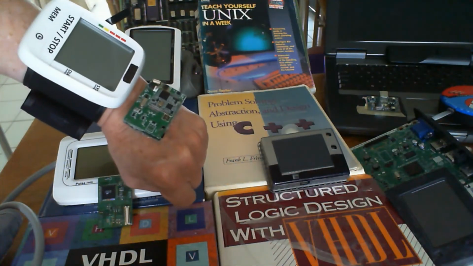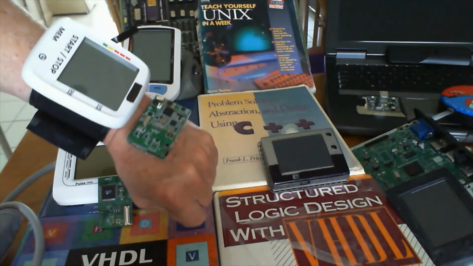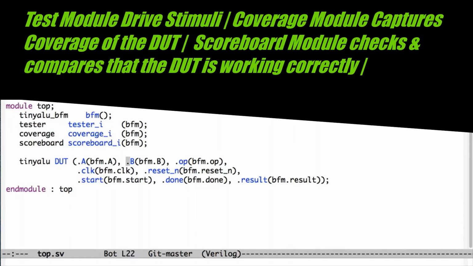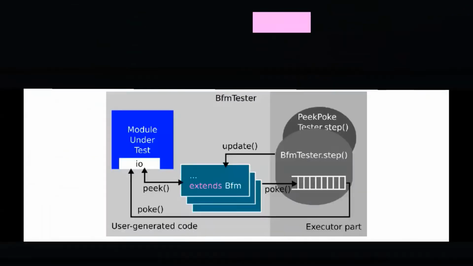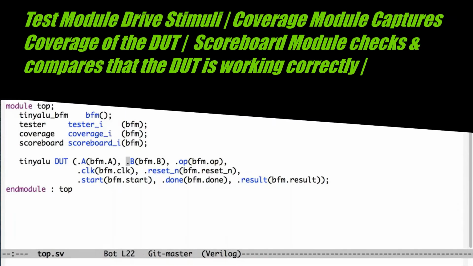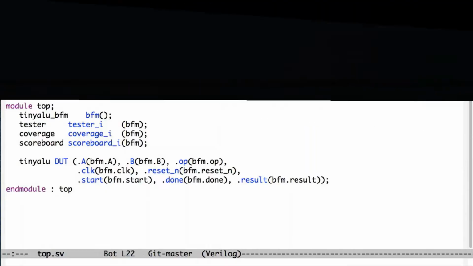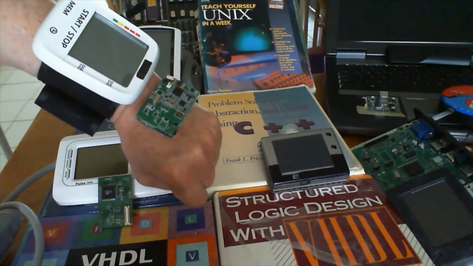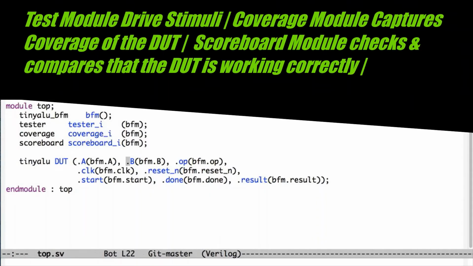This test bench consists of three modules: the test module, which drives stimulus; the coverage module, to capture coverage of the DUT, the design under test; and the scoreboard module, which checks and compares that the device under test, the DUT, is working correctly.